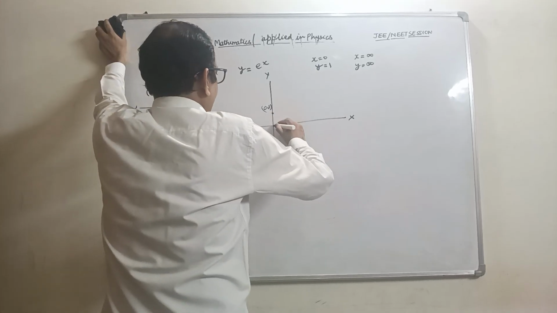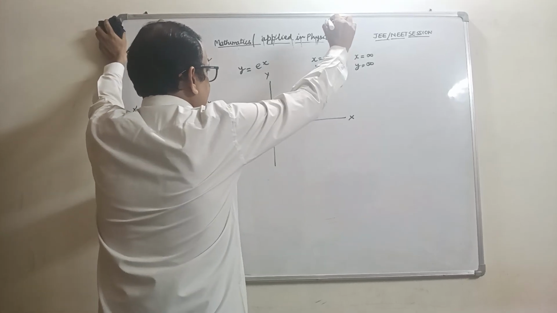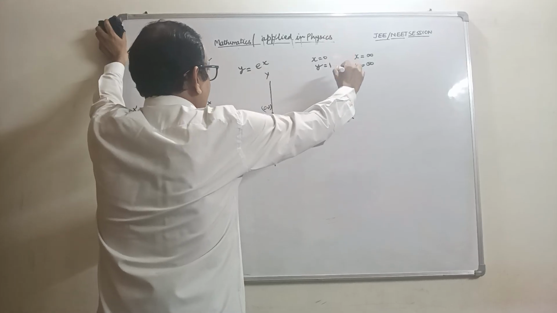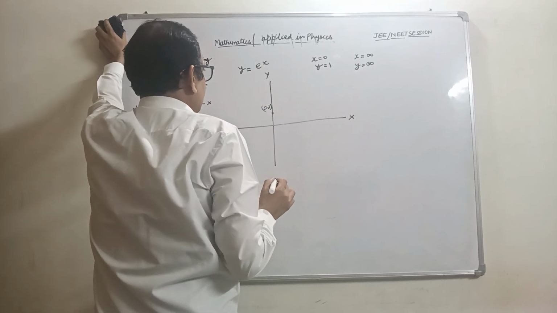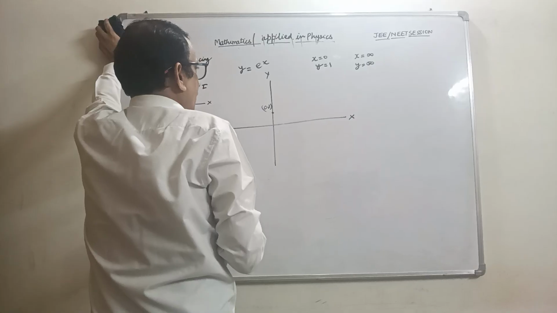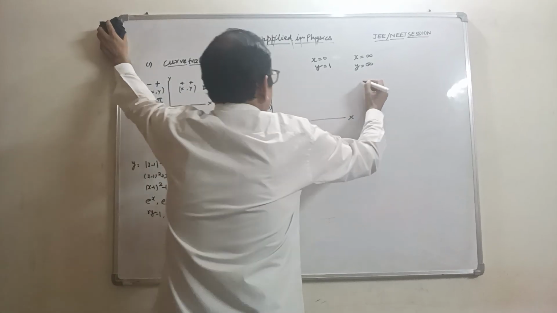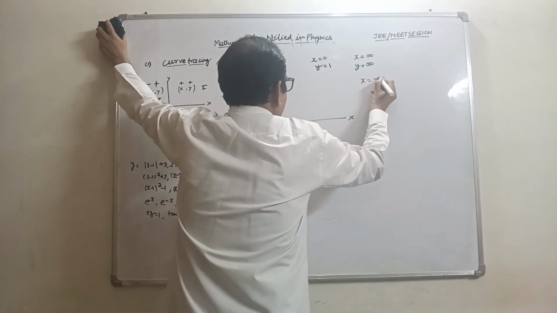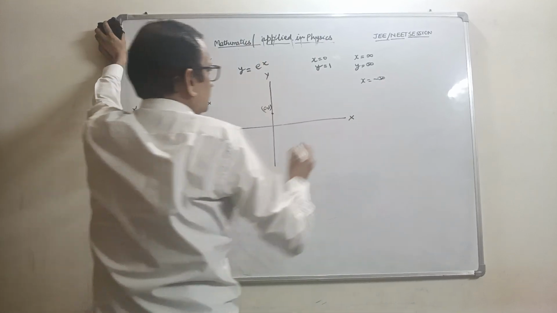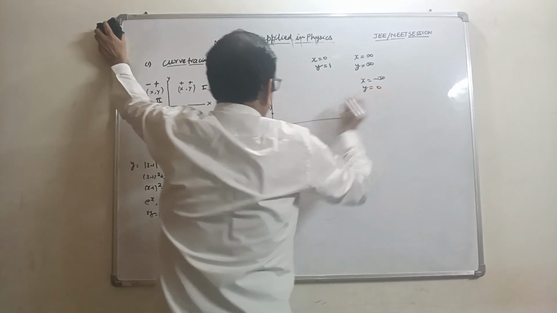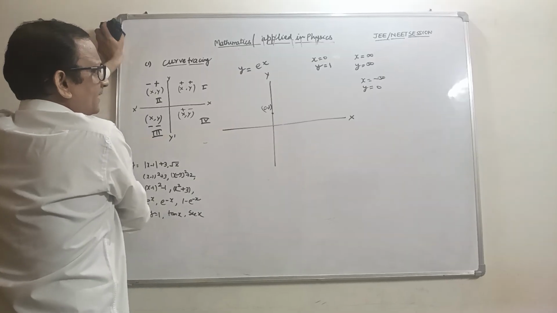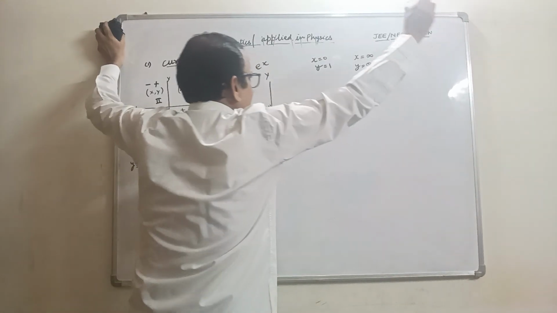So this graph is going through infinity, and x equal to e raised to power 0 is 1, or e raised to power minus infinity, so this becomes 0. Minus infinity would be here, plus infinity would be here.